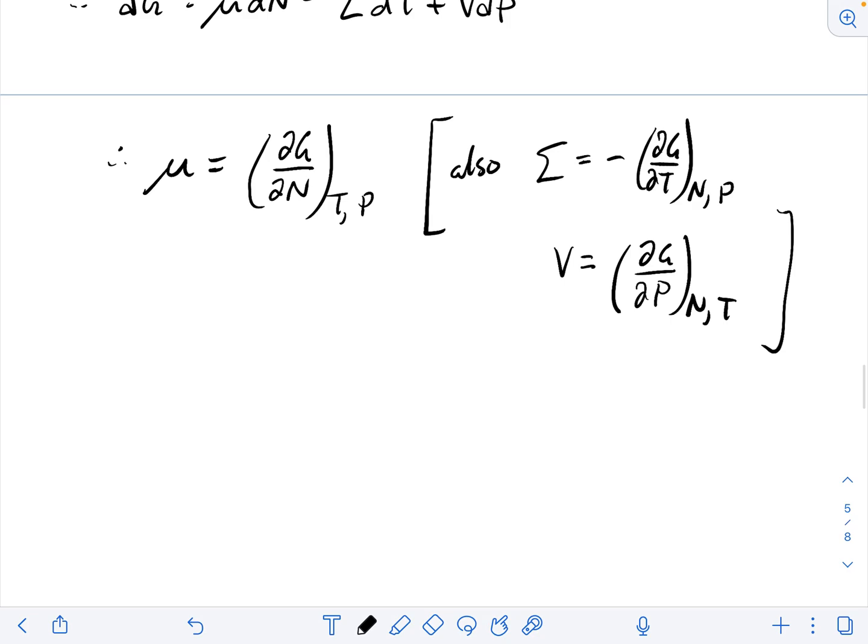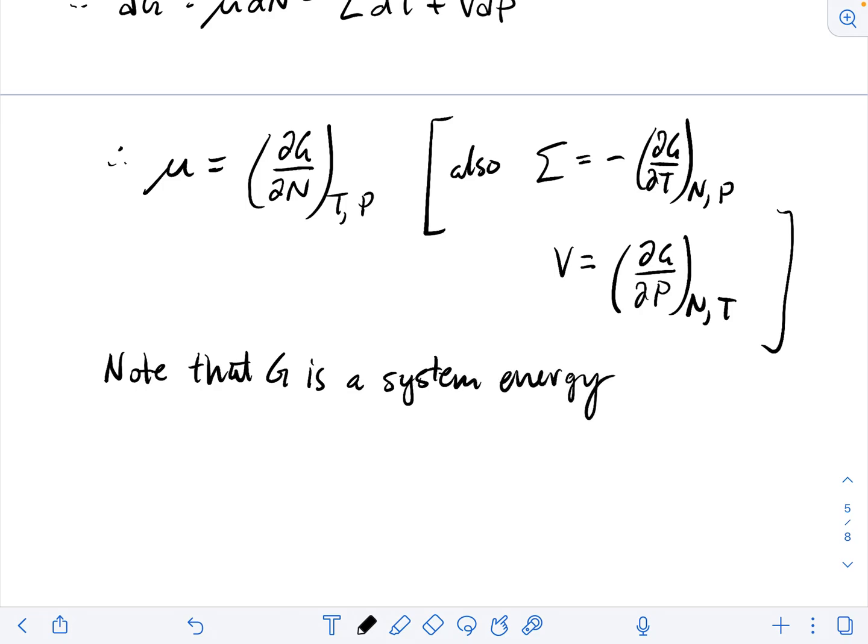Okay. So now let's note the following. G is a system energy. All of these free energies, like Helmholtz free energy, Gibbs free energy, well, the internal energy of the system, they all should scale with the number of particles in your system.